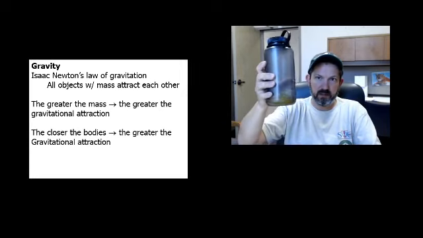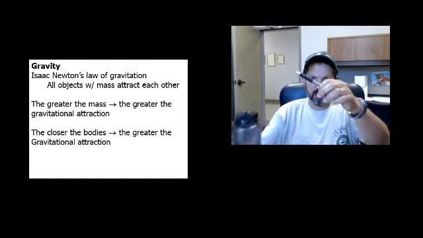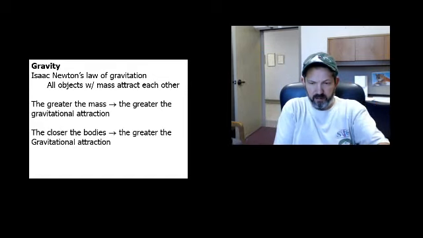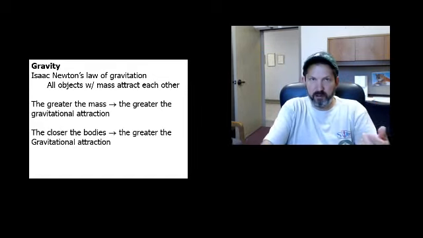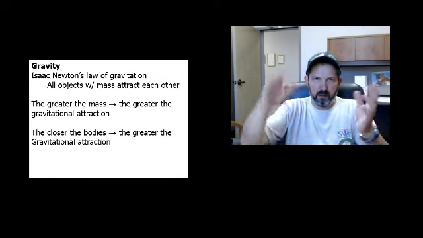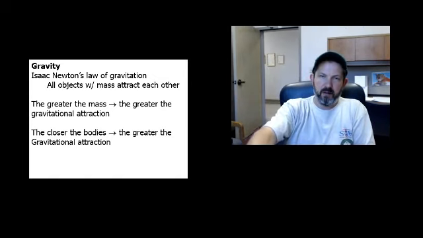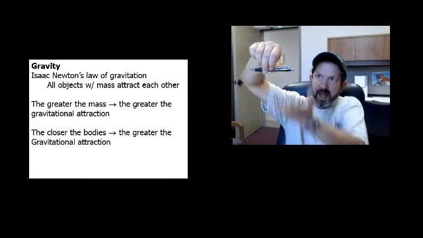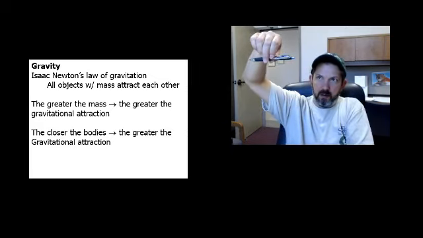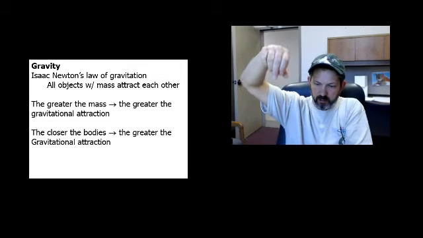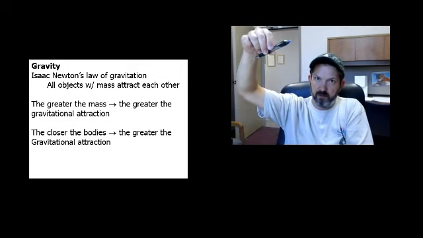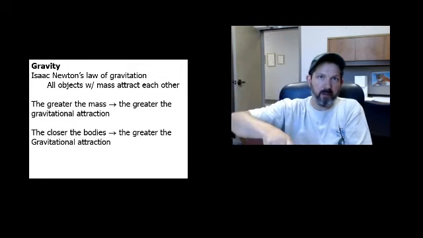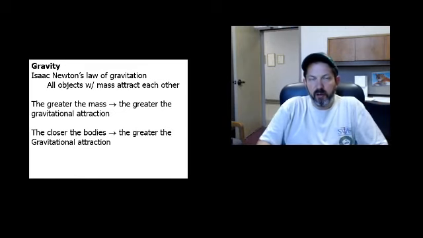So even though this is small, there's force. The Earth is big, and so the Earth is being attracted to the pen, and the pen is being attracted to the Earth. Just the Earth is so much more massive. It's not going to be jumping up to the pen. The pen is going to fall down to the Earth.